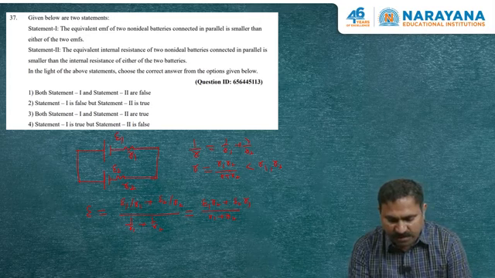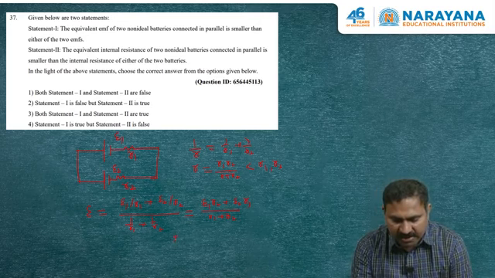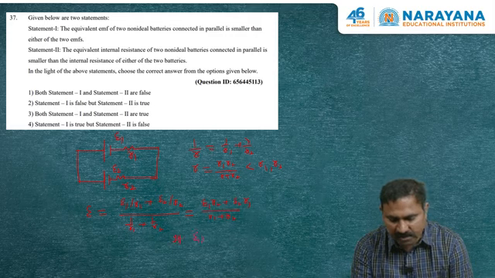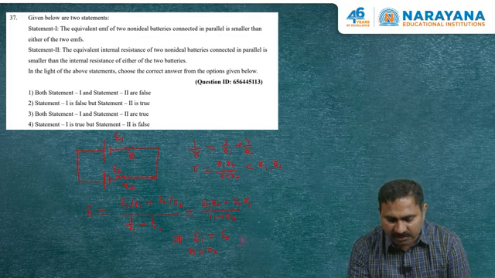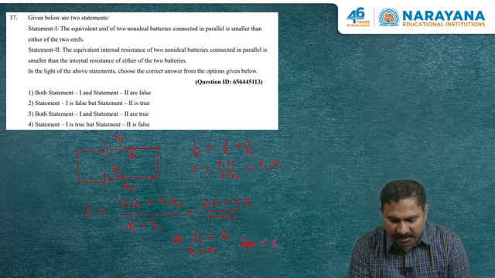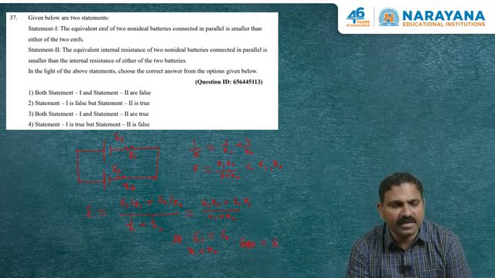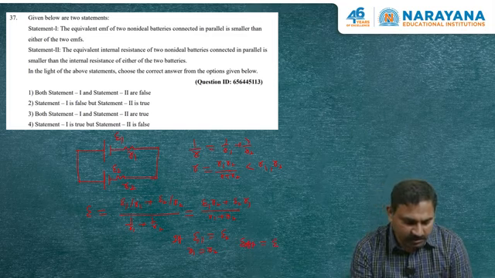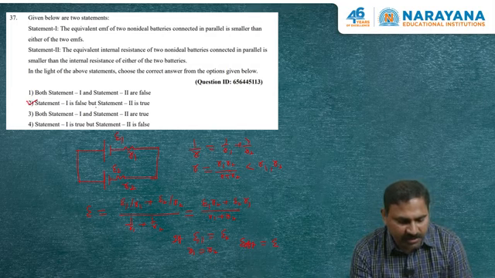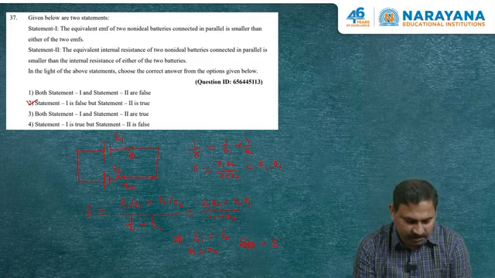But the first statement, effective EMF is not necessarily smaller than that. Suppose if I take E1 equal to E2, R1 equal to R2, then effective EMF also comes out to be E. So first statement is wrong here, second statement is correct. So it is given with the second option. Statement 1 is false, statement 2 is true. Let us go to the next question.